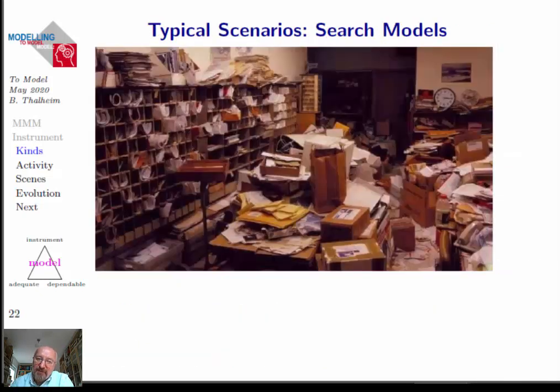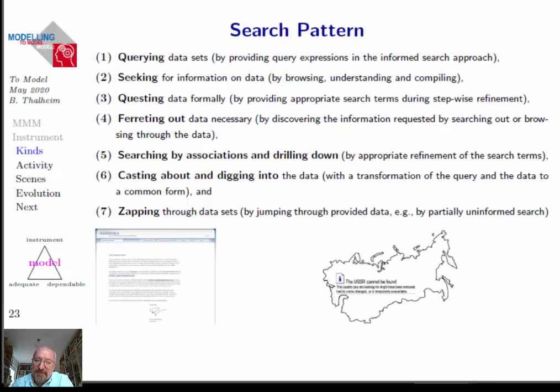Let's go for another scenario, search models. Search is one of the main activities in most sciences, and for this reason maybe we should consider it in a special form. We have a number of search patterns we can use in this case, and then a model should be somehow completed in such a way that it is supporting these search patterns. Searching can be querying.